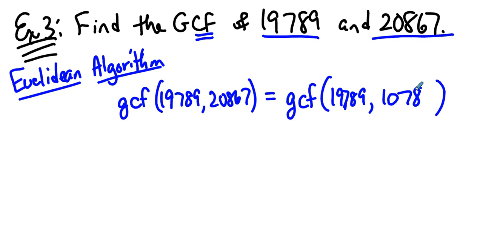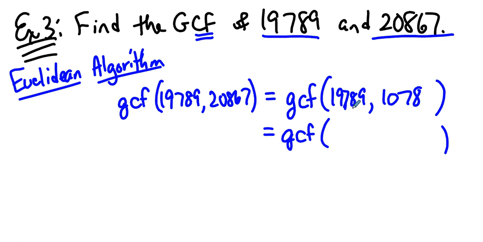And then we can play this game again. We can say, wait a minute, the greatest common factor of these two numbers is the greatest common factor of their difference. And we can take out as many 1078s as we want from 19,789 until we have a very small positive number that results.